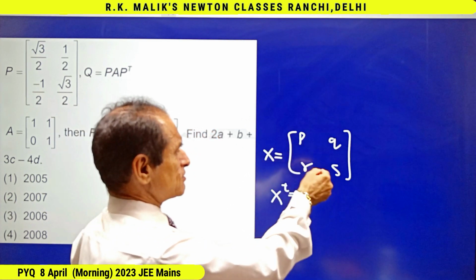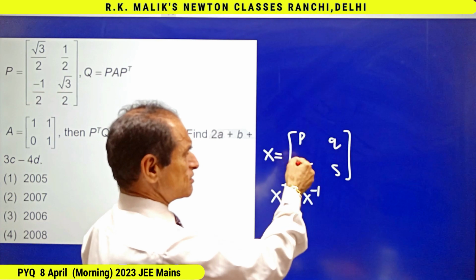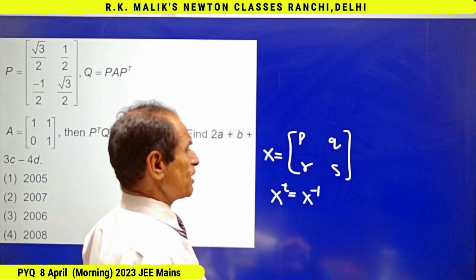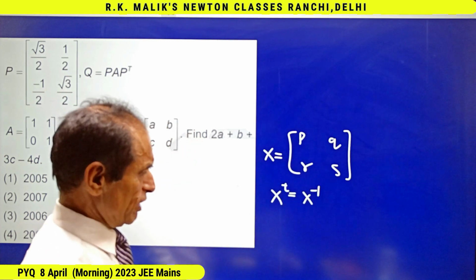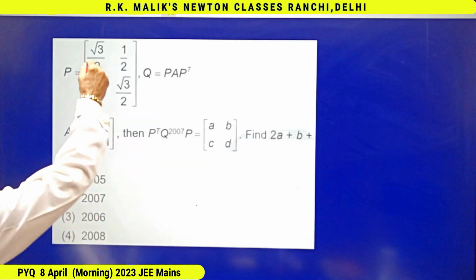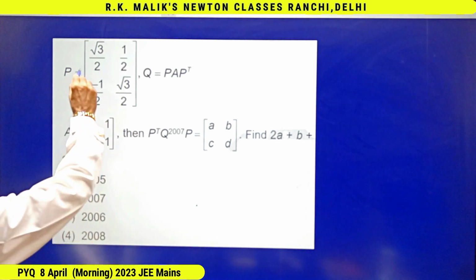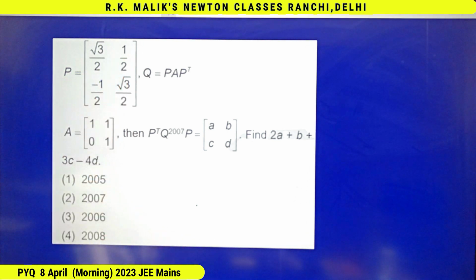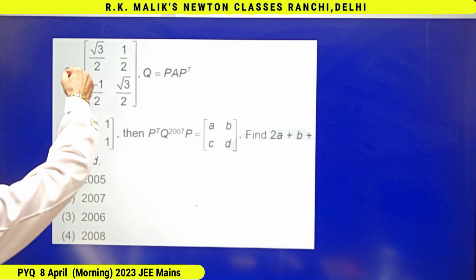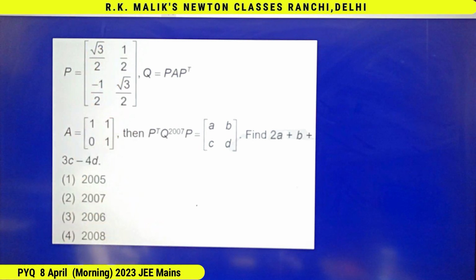And this type of matrix in which these conditions are satisfied is called an orthogonal matrix. You can see very easily, this into this plus this into this is 0, this into this plus this into this is 0, and the value of the determinant of this matrix is 1.